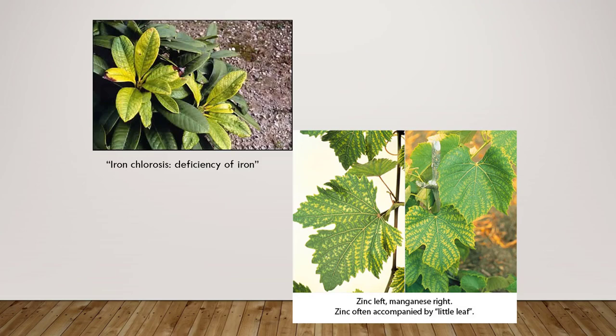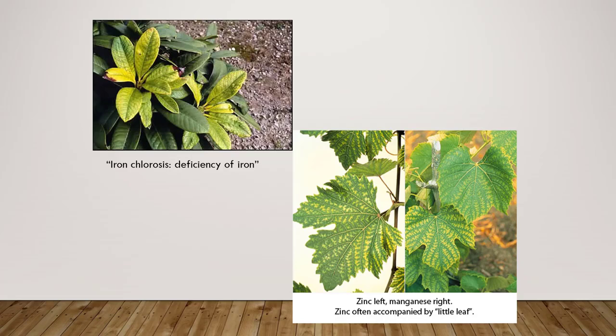Okay, iron chlorosis is the deficiency of iron, and it's really a lack of access to the iron. Rhododendrons, camellias, azaleas, and blueberries are all acid-loving plants, and the reason is that iron is more available to them in more acidic soils.